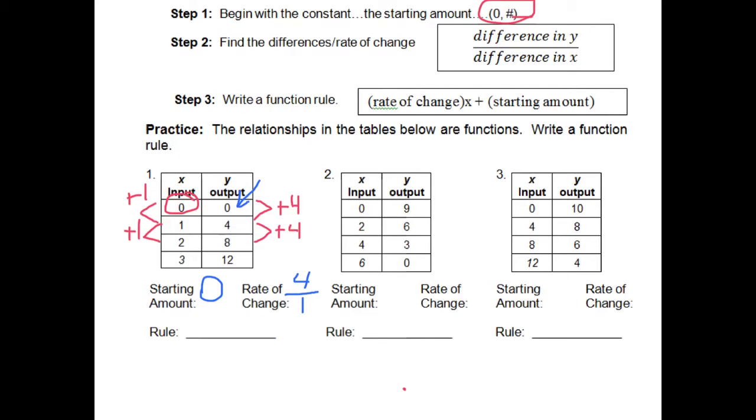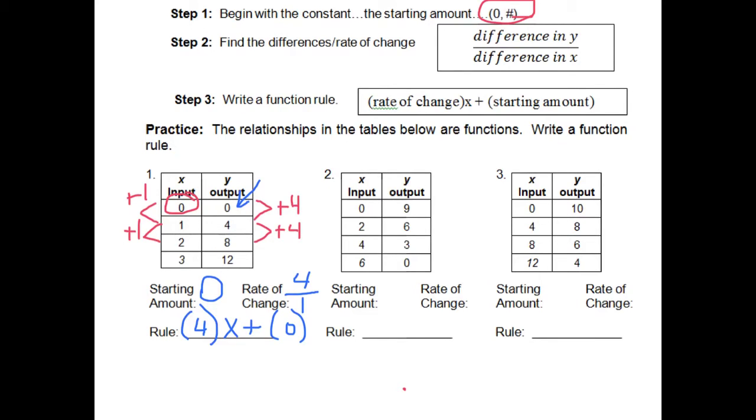And then step 3, we're going to write the function rule. So our rate of change is 4. So instead of rate of change, I'm going to plug in the 4, x, plus my starting amount, we're going to plug in the starting amount of 0.